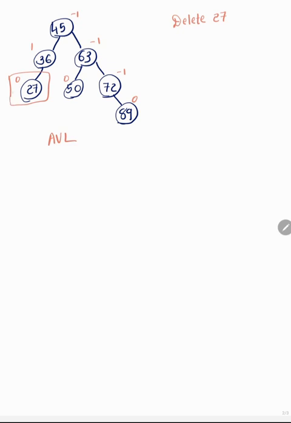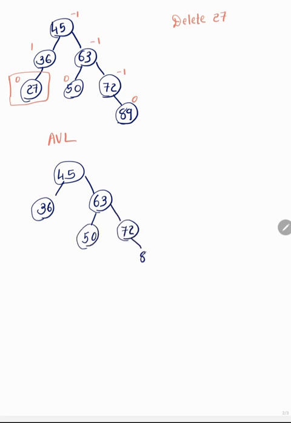So after deletion, what I'll get is 45 here, 36, then 63, then 50, then 72, and then 89.